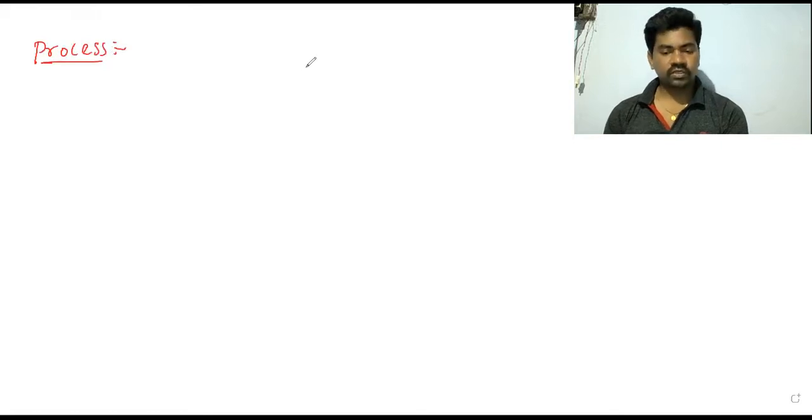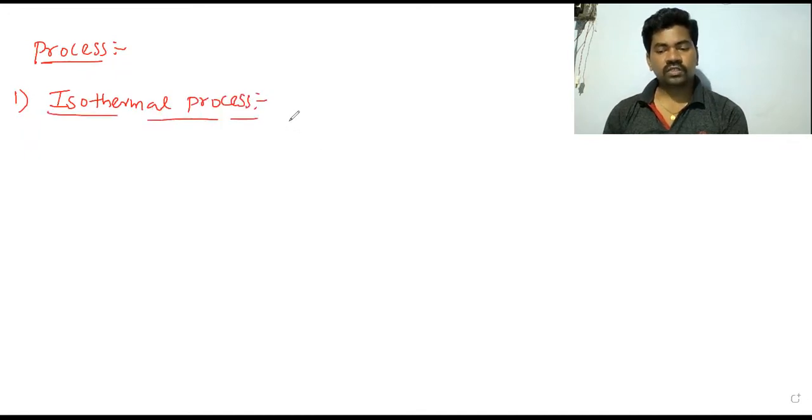The first thermodynamic process is the isothermal process. So what is happening in an isothermal process? In an isothermal process, temperature is constant.